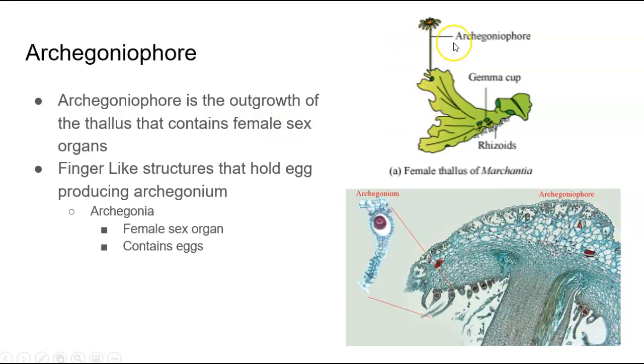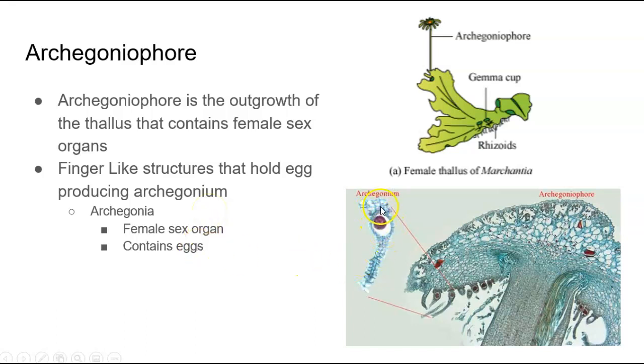When you look at the archegoniophore, you're going to notice that it's not going to be disc shaped. It's going to have these finger-like structures. Kind of looks like an umbrella, and it's not going to be disc shaped. And it's going to hold the egg-producing archegonium.